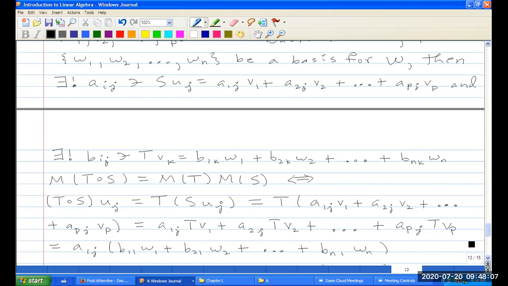But what is T V1? Here's T V1, so replace k here by 1: B11 W1, B21 W2, dot dot dot BN1 WN.